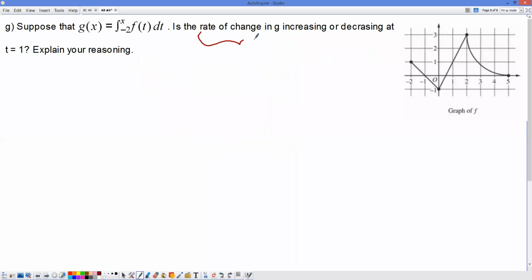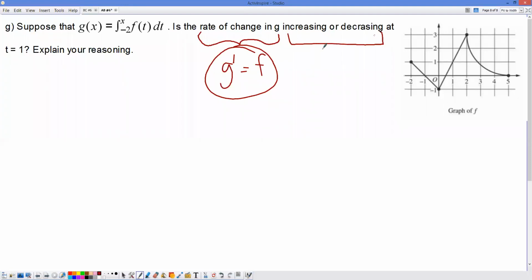So the first thing we need to say is the rate of change of g, well, that's g prime, which is f. And if we want to know whether it is increasing or decreasing, that means take the derivative of this.